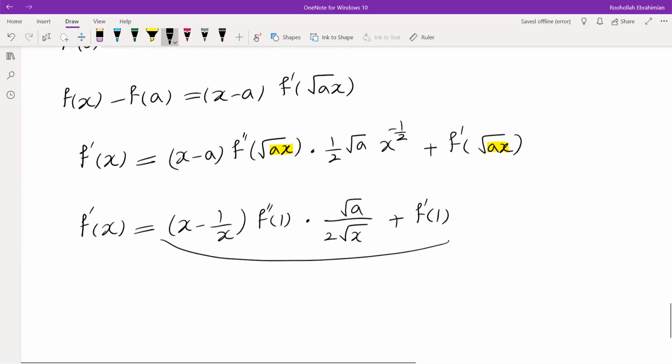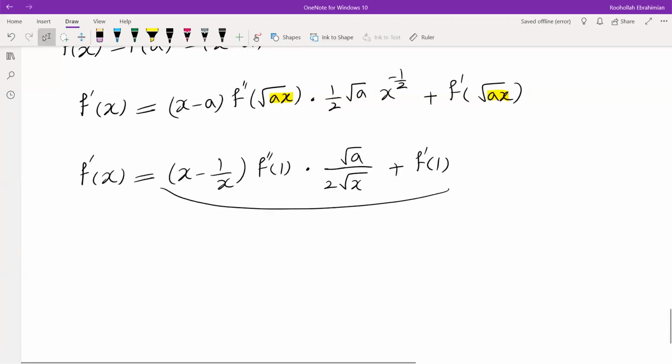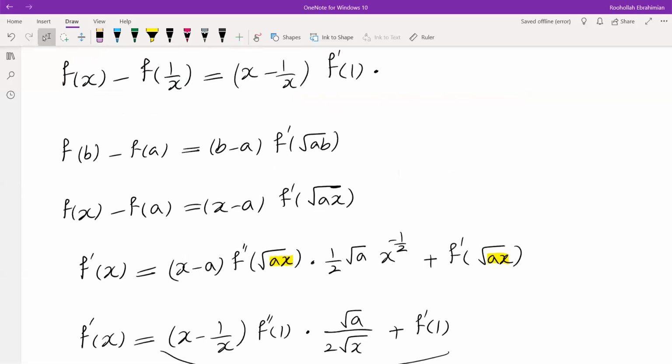Okay, so we'll just do that. We have f prime of x is equal to, if you multiply that out, just some constant times root x. Okay, let me see. I feel like there's something not quite right about this.